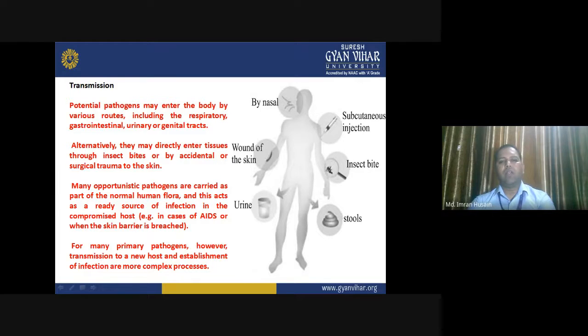For many primary pathogens, however, transmission to a new host and establishment of infection are more complex processes. So here you can see the transmission can occur by nasal route, subcutaneous injection, insect bite, stools, urine, and wounds of the skin.